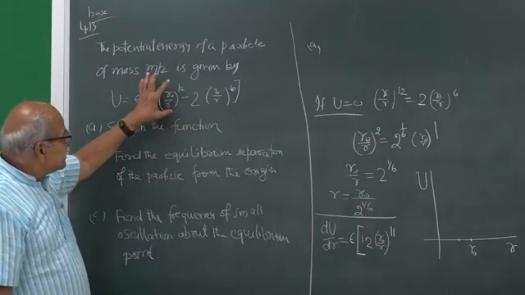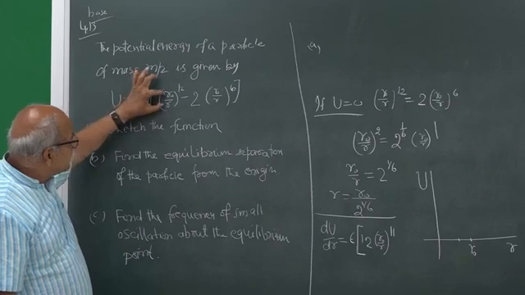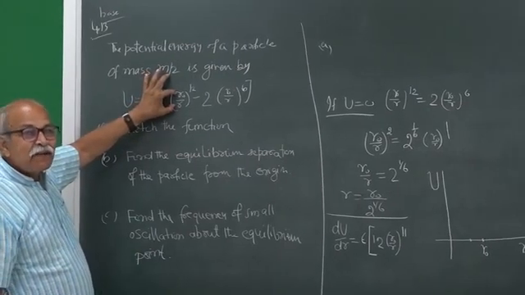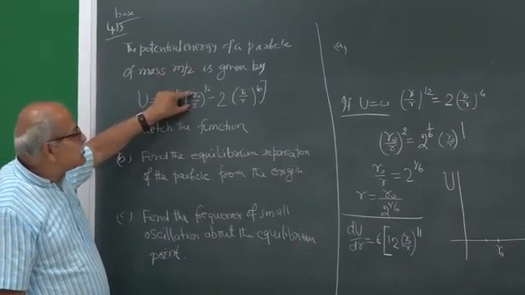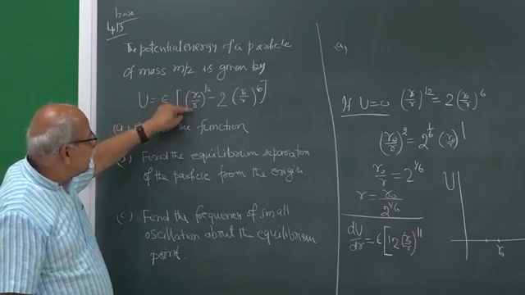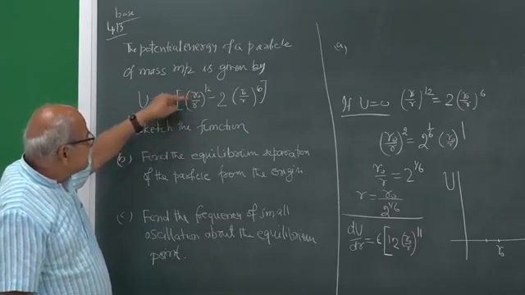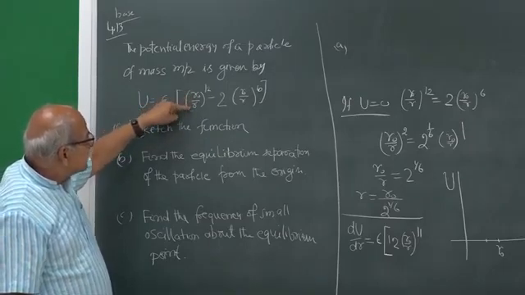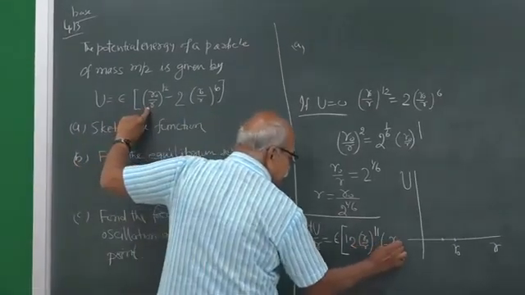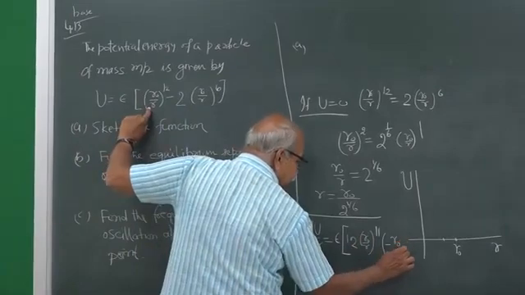That means I have differentiated this term with respect to r naught by r, and so I have to multiply by the derivative of r naught by r with respect to r, which will be minus r naught by r square.